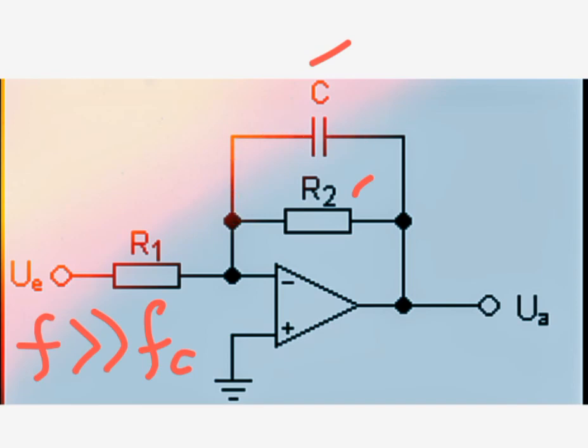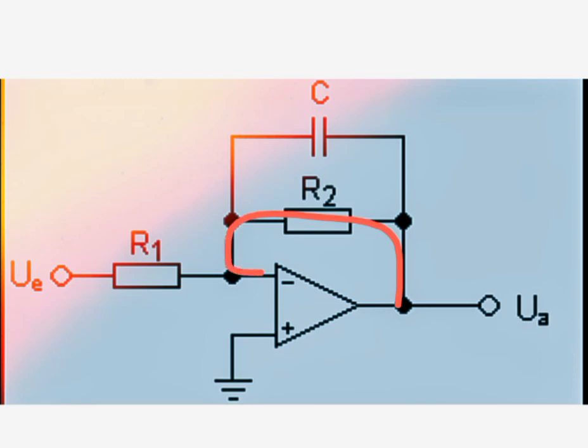We would say the capacitor is now acting as a short. That means this resistor is now shorted. Because the resistor and the capacitor are shorted, the output is directly connected to the negative pin of the amplifier.